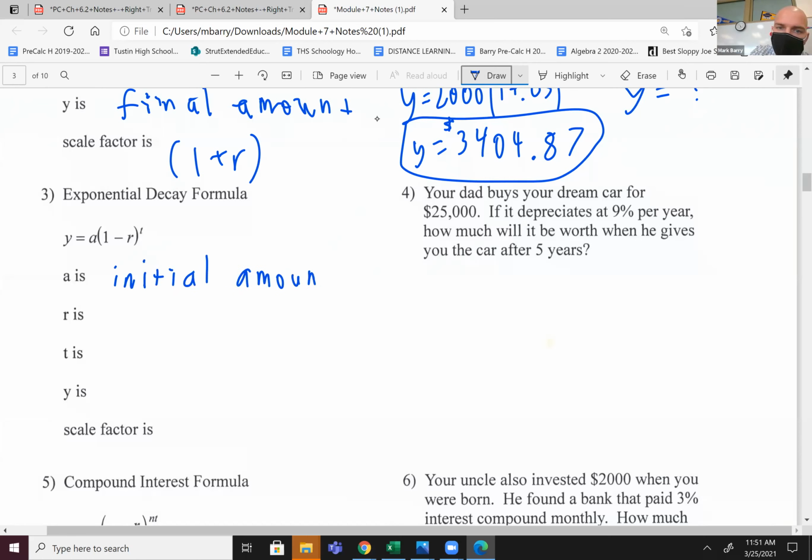Now, R here is the decay rate. So instead of the growth rate, it's the decay rate. Now, this is usually going to be given to you as a percentage as well, so we'll still have to convert that to a decimal. T is time.